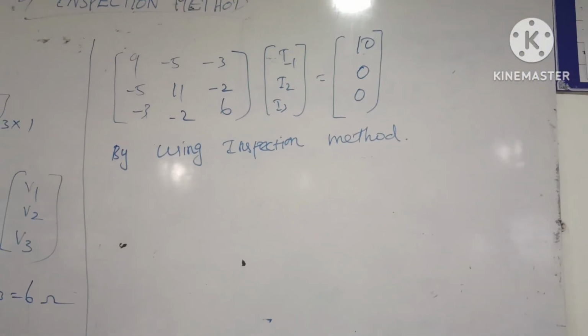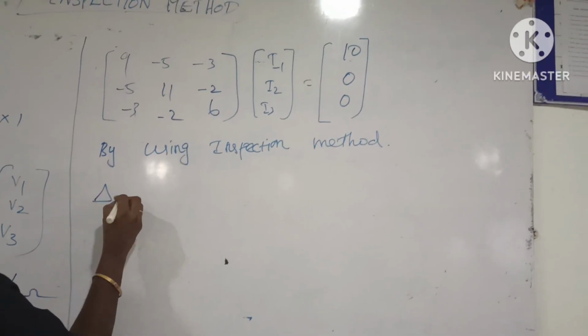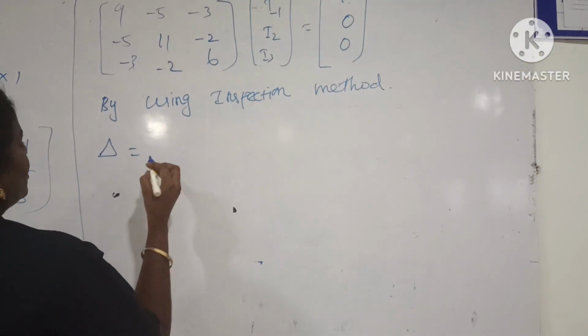By using the inspection method, you have to find the del values: del, del 1, del 2 and del 3.